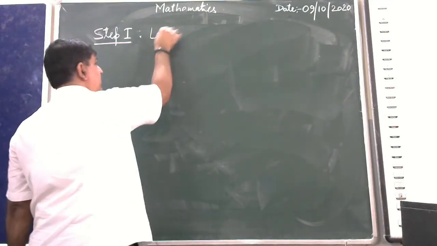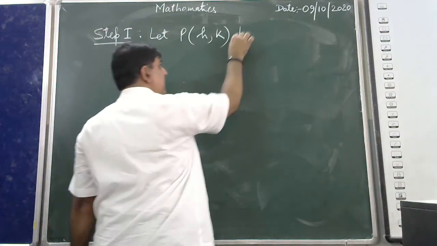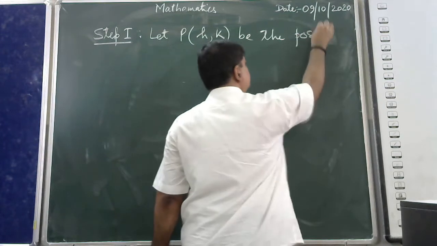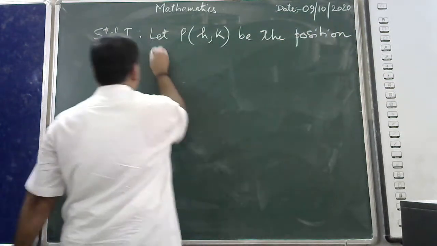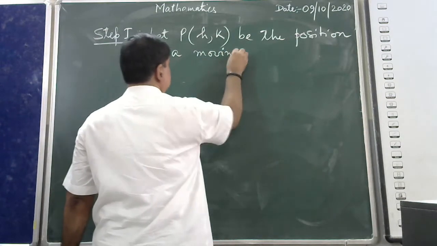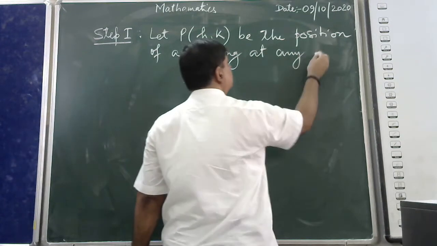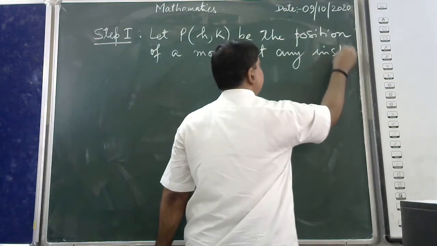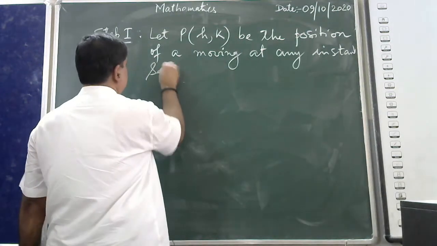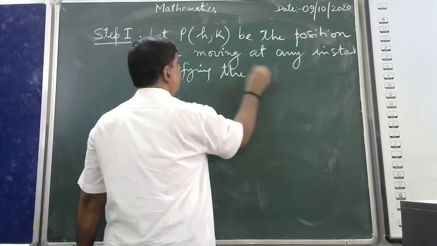Let P(h, k) be the position of a moving point at any instant satisfying the given locus.